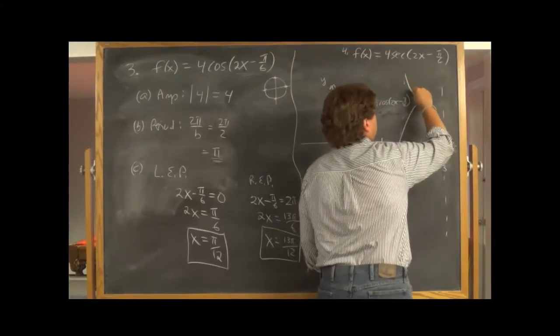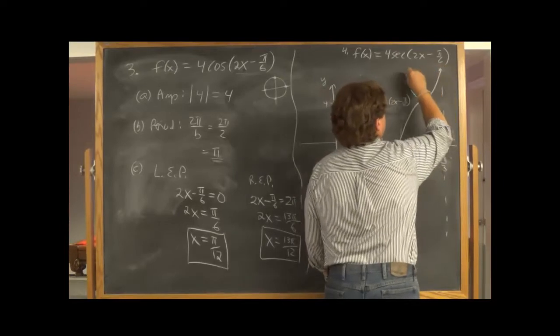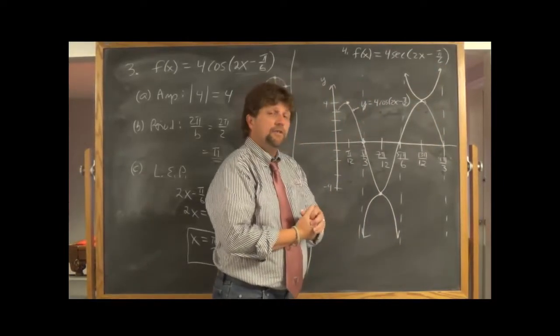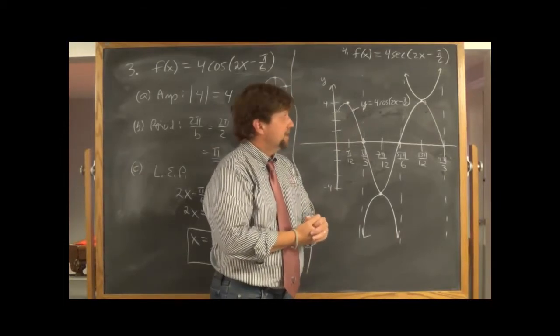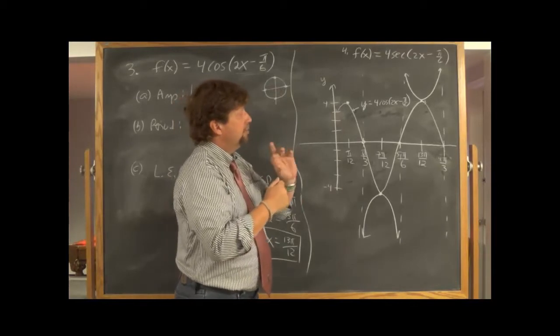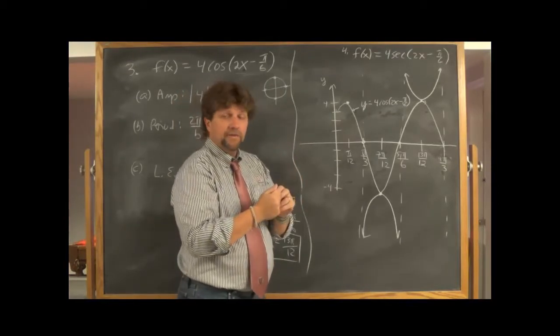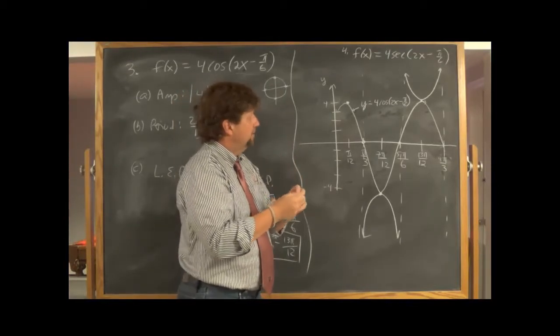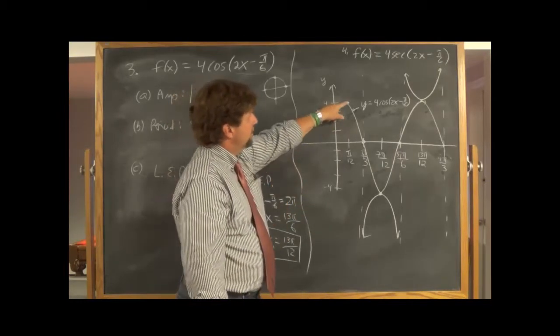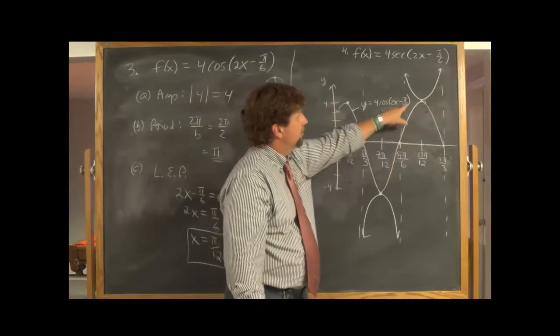And here is the other piece of the graph of 4 secant 2x minus pi over 6. I wish I had colored chalk here. I would have done the graph of 4 secant 2x minus pi over 6 in a different color. But just to recap, this is the graph we did in number 3.